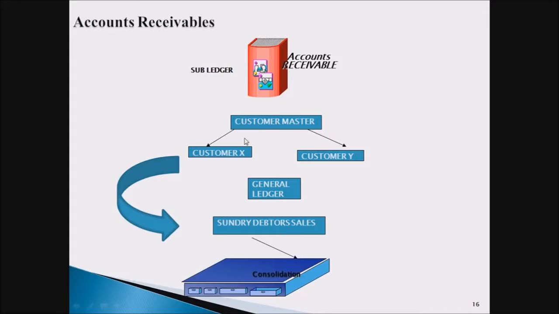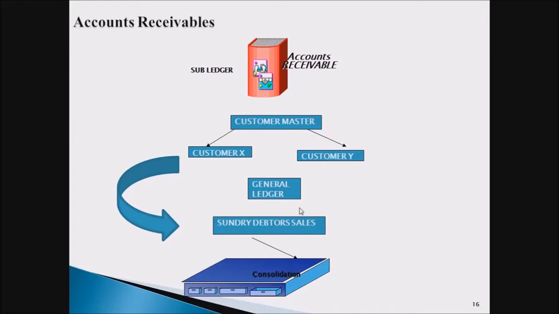Here also we create one GL account, which we call sundry debtors sales. This gives me the total value of debtors. If my company has 10 different customers, what is the total value together? I can get that from my GL account.